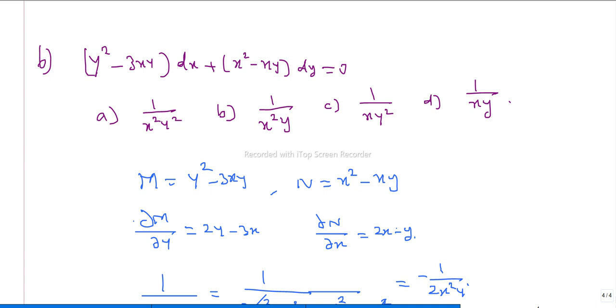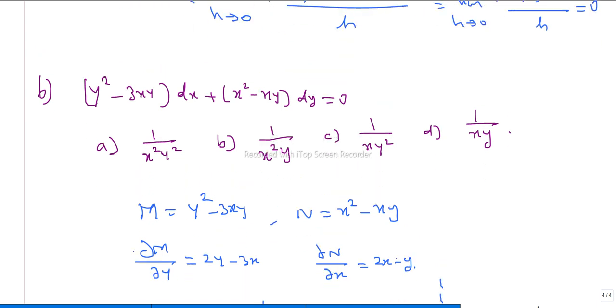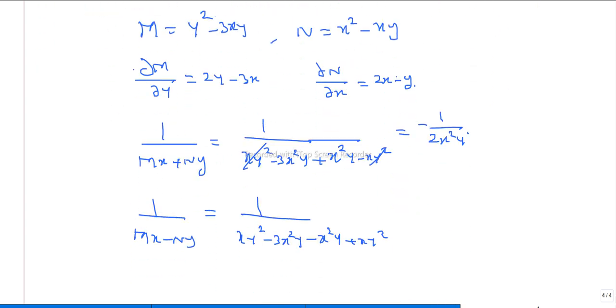So if Mx plus Ny is non-zero, then 1 by (Mx plus Ny) is the integrating factor. But it's a function of xy, and this is not a function of xy. If you take y outside, that should be in terms of xy, the product, but not x comma y. Otherwise, we will not use this one. So we can use this only when that f1 of xy is a function of xy.